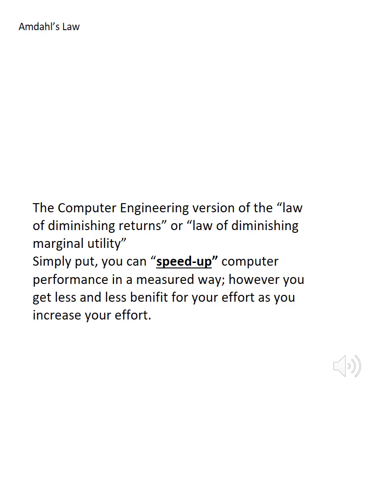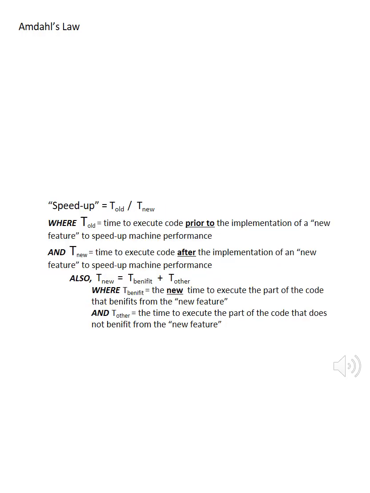And simply put, the speed up of computer performance is measured in a measured way. However, you get less and less benefit for each incremental bit of effort you put in. So your speed up is going to be the time it took before you ever did anything to try to speed it up, divided by the new, reduced time, because you're doing some speed up measure, some hardware thing.